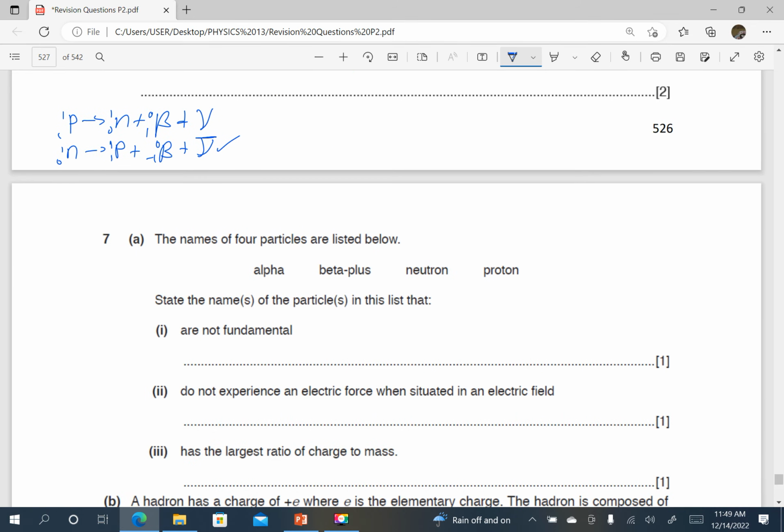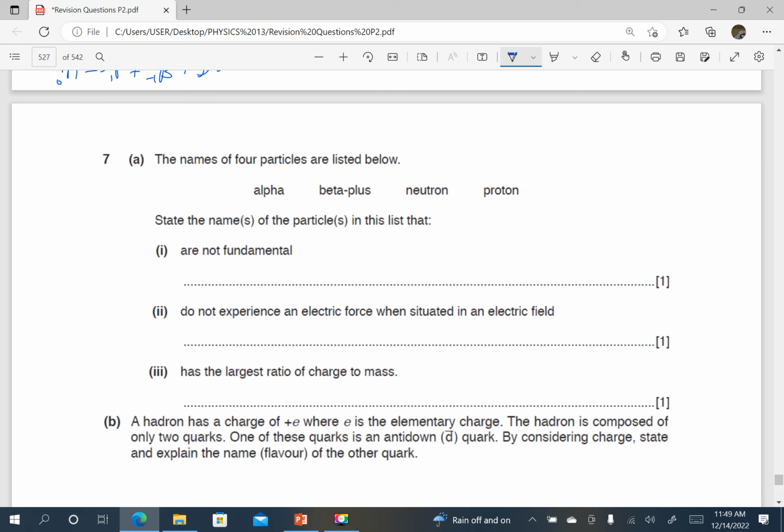The names of 4 particles are listed below: alpha, beta plus, neutron, and proton. State the name or names of the particle or particles in the list that are not fundamental. An alpha particle is made up of protons and neutrons. Beta plus is an electron, no further particles.